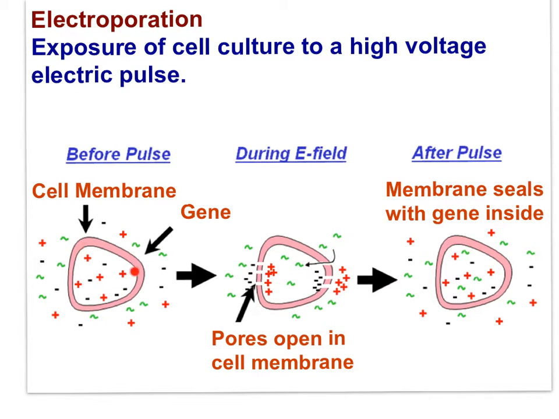Here is a cell before the electric pulse. You can see the DNA outside the cell membrane. The electric pulse causes pores to open in the cell membrane, allowing the uptake of DNA so that the cell becomes a recombinant cell. Here's the cell after the pulse with new DNA within.